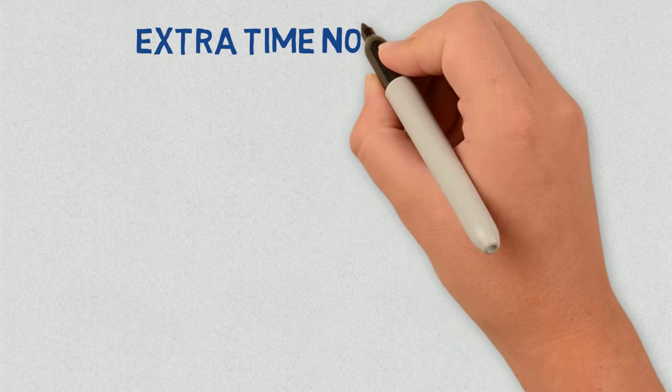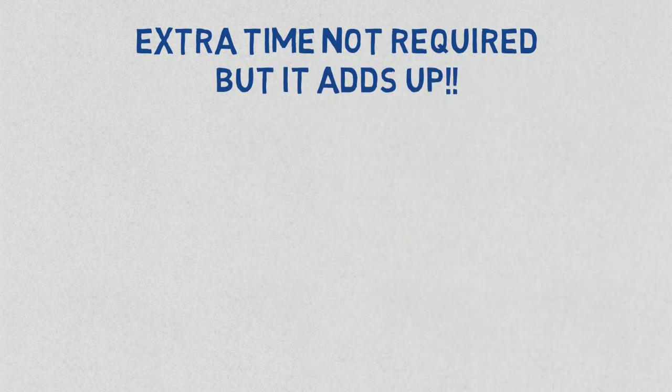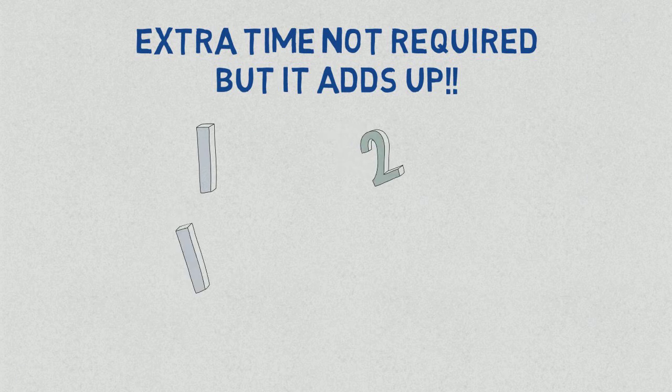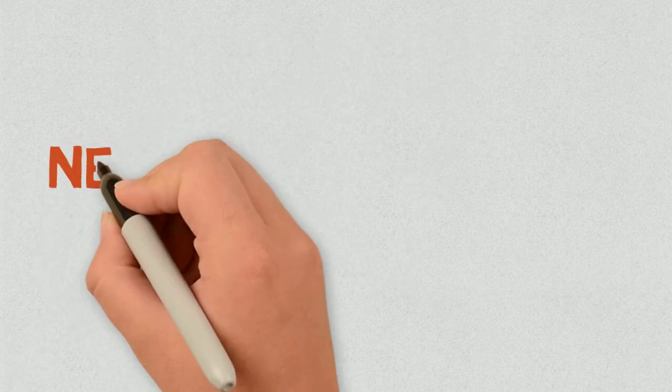Finally, remember you're not required to work extra time. However, travelers often work an extra hour or two here or there, or want to pick up an extra shift here or there. This time can add up fast. Ultimately, it's up to you to decide if the extra time rate is important to you.